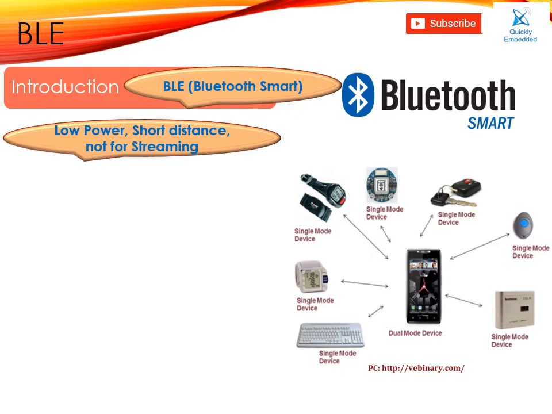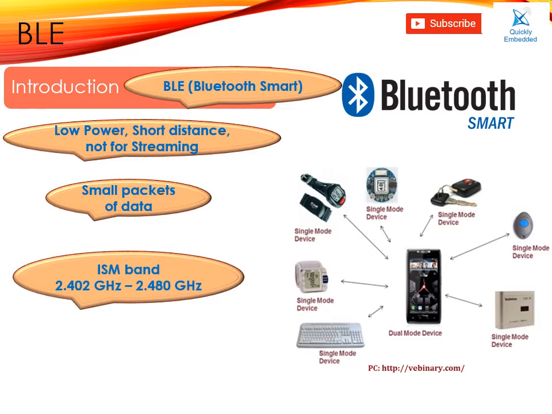BLE was designed for devices that do not stream data continuously but instead transfer small packets of data as needed. The BLE is intended to provide considerably low power consumption, that is, it is less power hungry and low cost, of course, while maintaining a similar communication range as that of BT Classic.